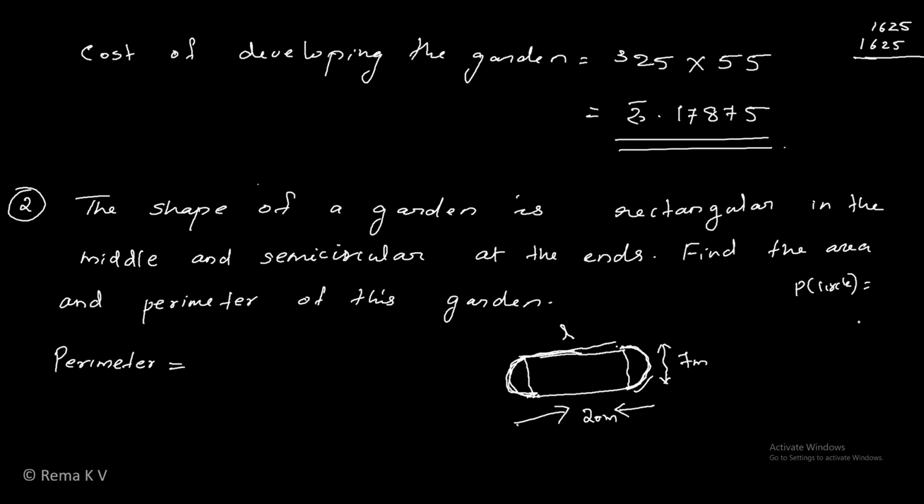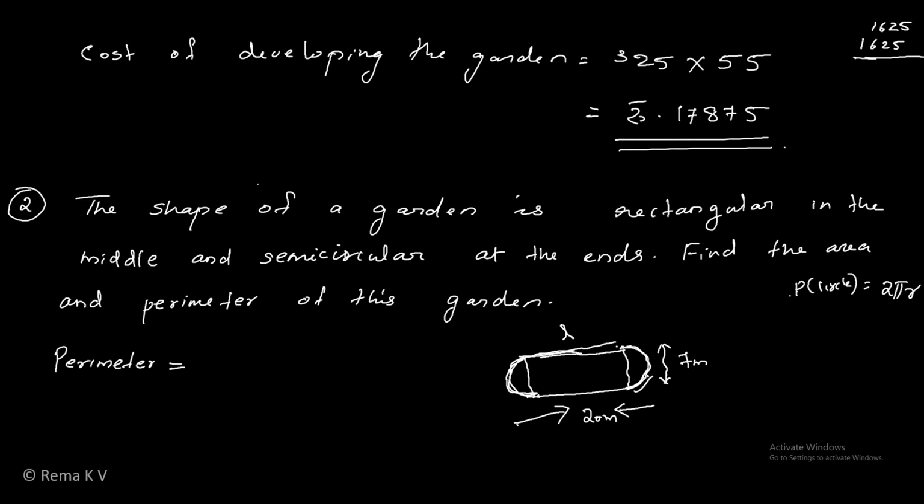Both terms are same, perimeter or circumference. It is 2 pi r. This is the circumference of a circle.